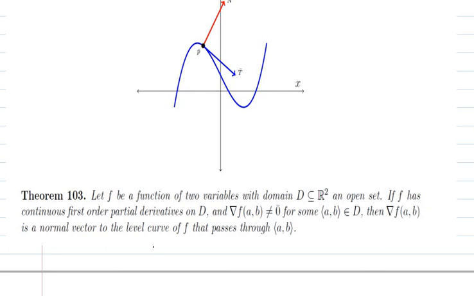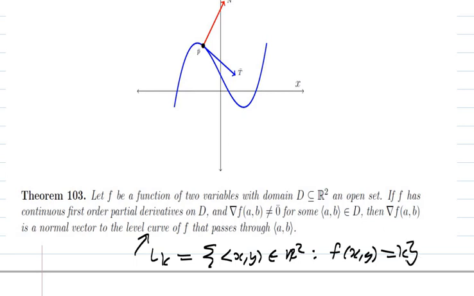Now again, I remind you that level curves would be all the 2D vectors (x, y) with the property that f(x, y) is equal to k. So this is what level curves are in 2D.